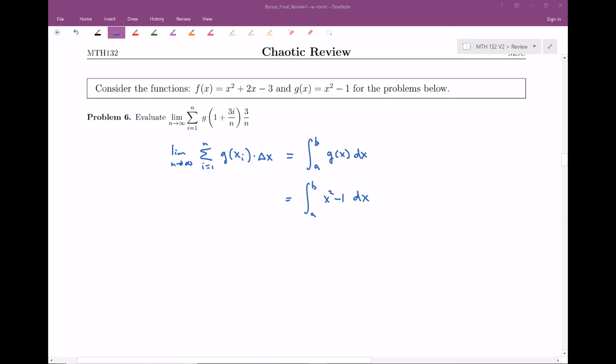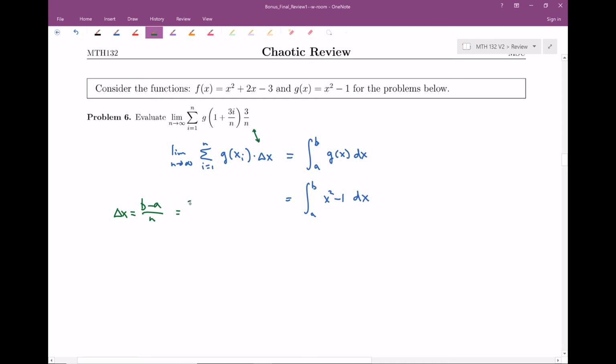This requires us to dive in a little bit to the definition of this delta x, and likewise the x sub i. I'm going to remember here that delta x was the same thing as b minus a over n. So in our case, delta x looks like it should be 3 over n.